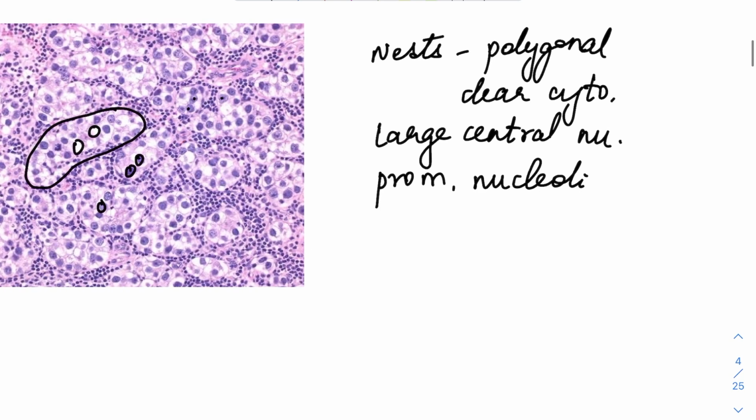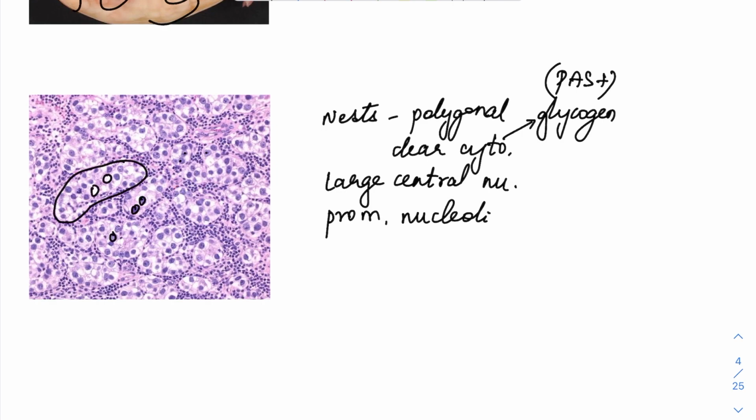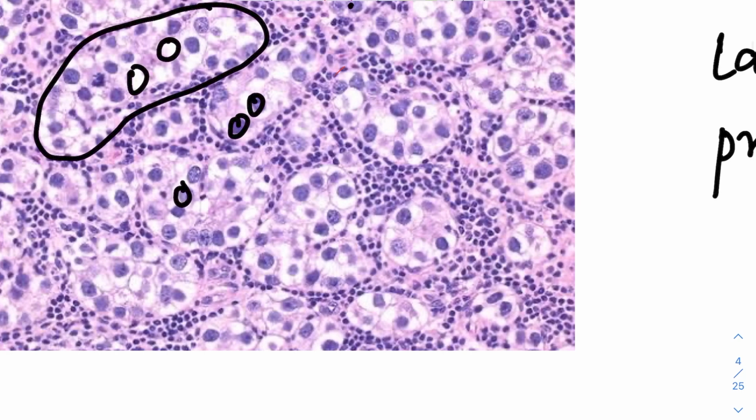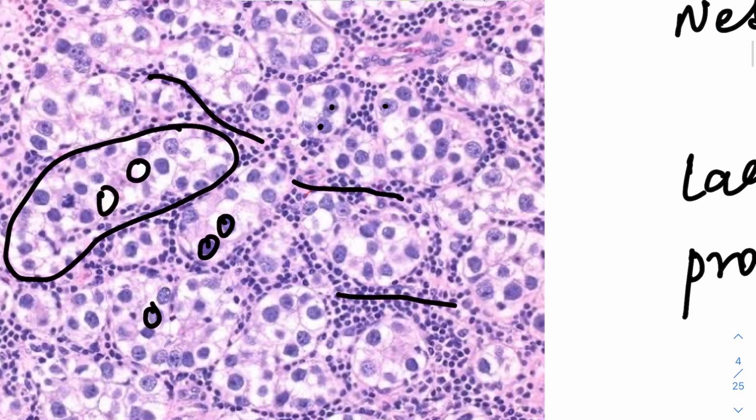The clear cytoplasm of these seminoma cells is due to the presence of glycogen. When glycogen is present, it is going to be PAS positive. Remember? PAS positive, and it is going to be diastase sensitive. Okay. And apart from that, you are going to see some fibrous septae separating these nests. And in these fibrous septae, if you see, there are dark cells, right?